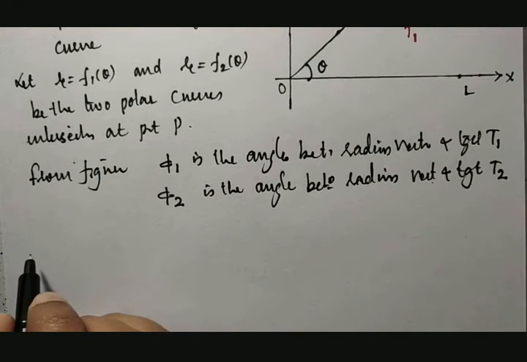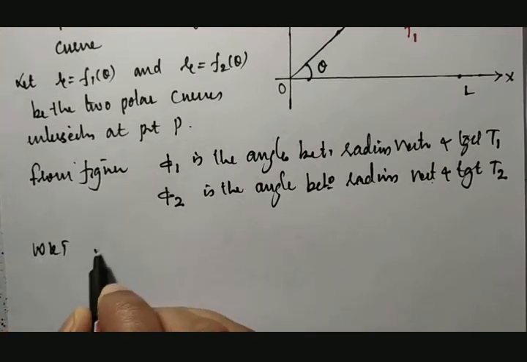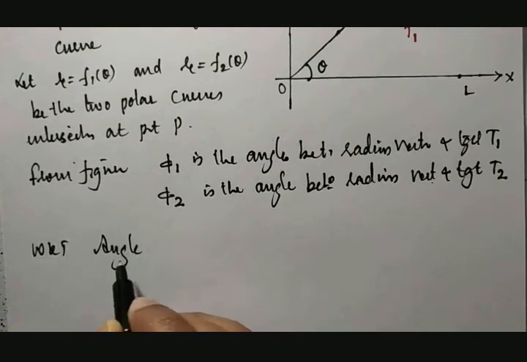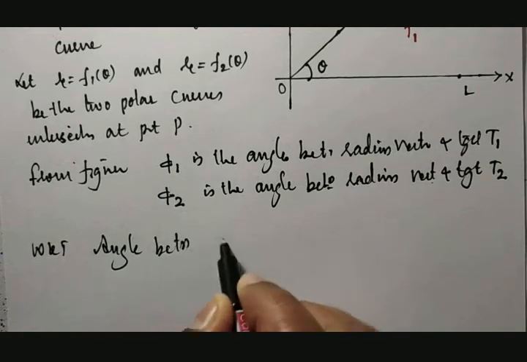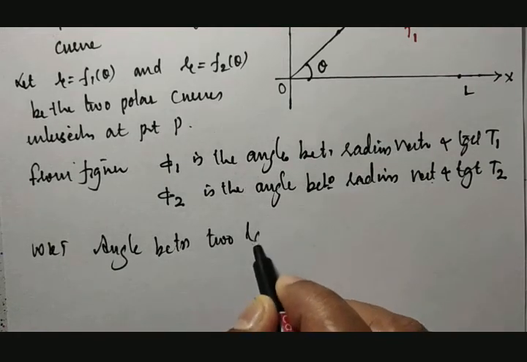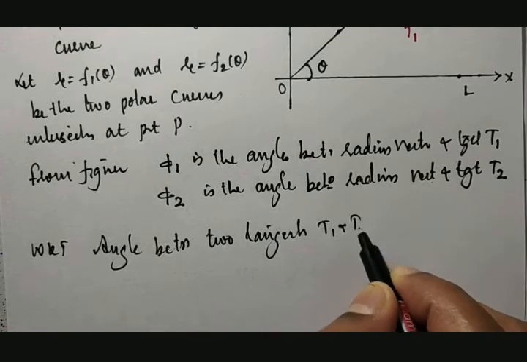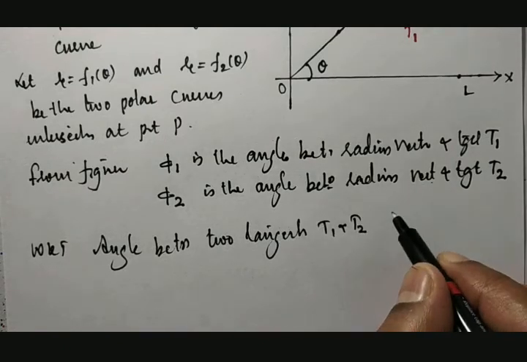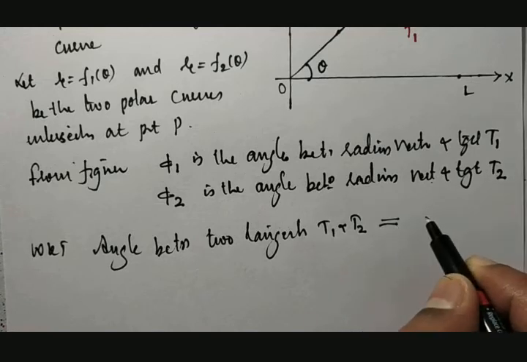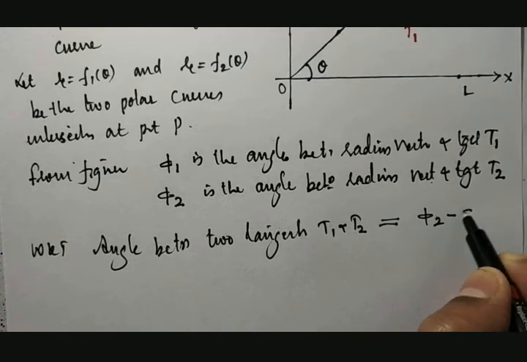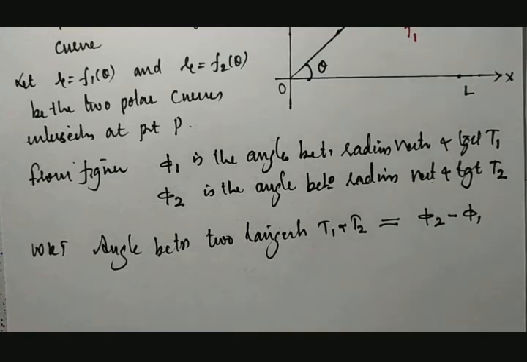Therefore, we know that the angle between two tangents T1 and T2 is equal to pi 2 minus pi 1.